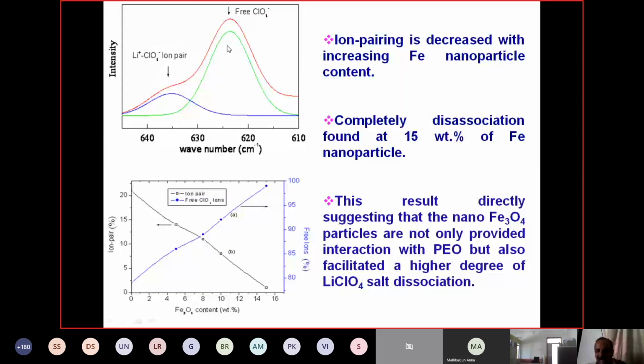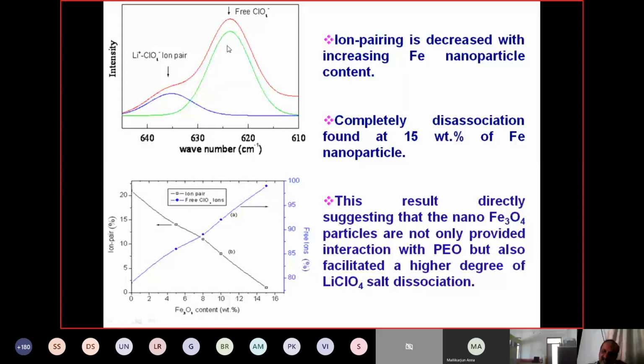You see here how the coordination takes place. When we are adding salt, the blue ones are the cations, and this is the nanoparticle. These cations also coordinate with the nanoparticle, because in Fe3O4 oxygen is there. The cation has a positive charge and the oxygen has a negative charge, so this will coordinate with this.